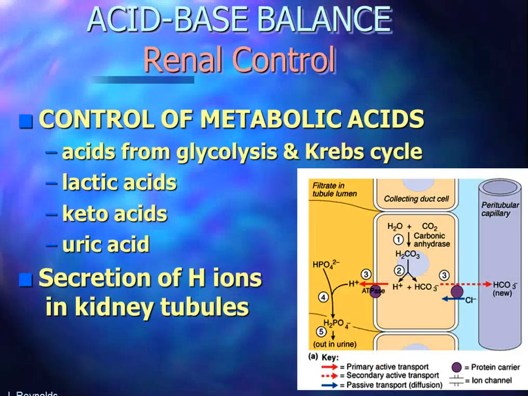Kidneys. Remember, kidneys can control hydrogen ion going from the lumen of the tubule back into the blood, or the other way. That's what you see on this picture. Far left, in yellow, lumen, where the urine is. Far right, blood. So you can see hydrogen ion right in the middle. The kidneys can secrete more hydrogen ion.